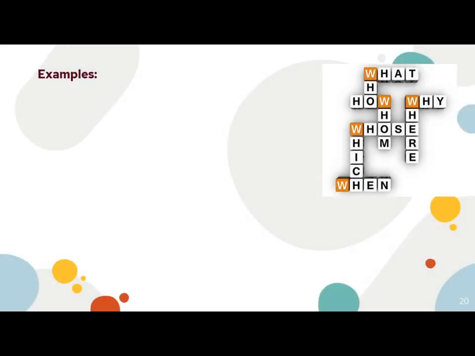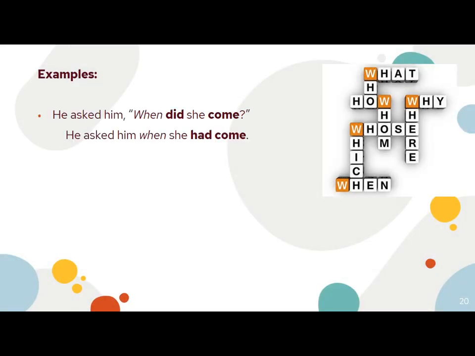Now let's move on to something more explained. Here we have: he asked him, when did she come? So here we're using the WH word when. What we're going to do is omit the comma and the quotation marks. He asked him when. So you are using the same when.